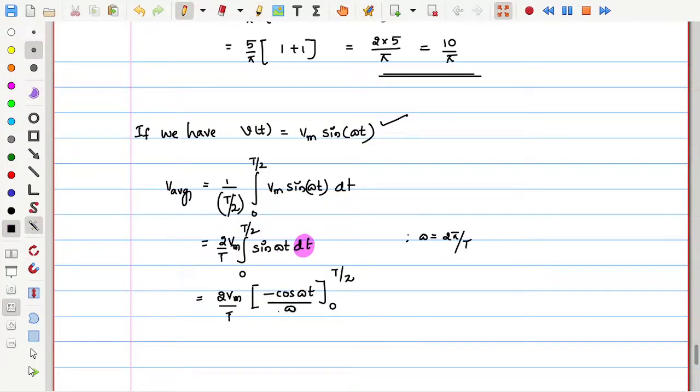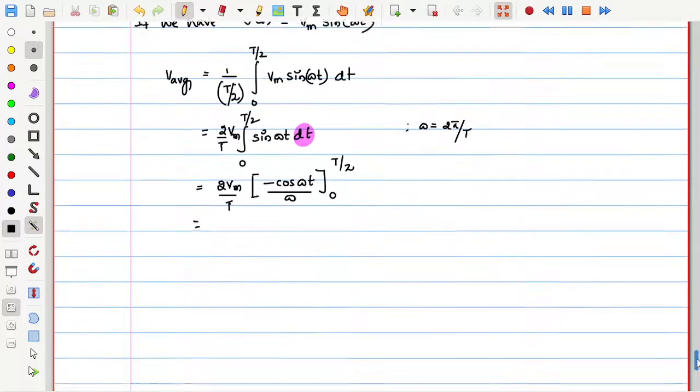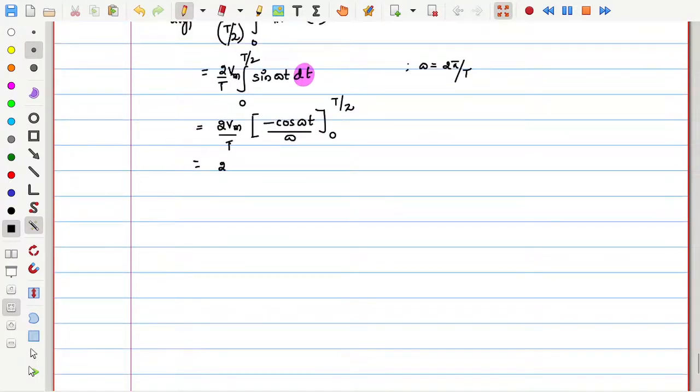So bringing these together, 2Vm by T into omega, where omega means 2 pi by T. Next is minus cos of 2 pi by T into T by 2.